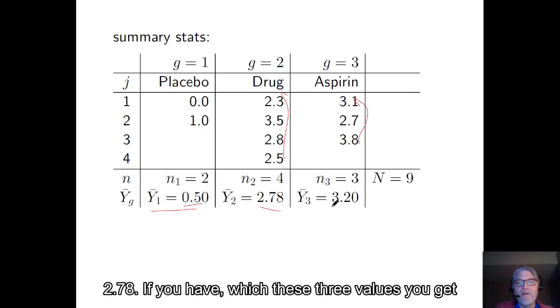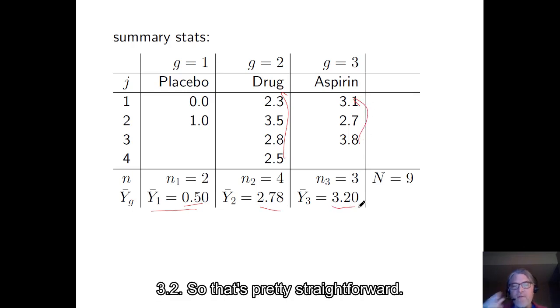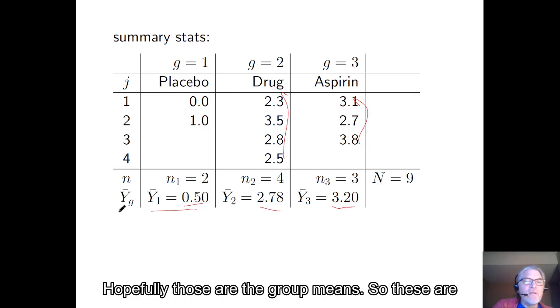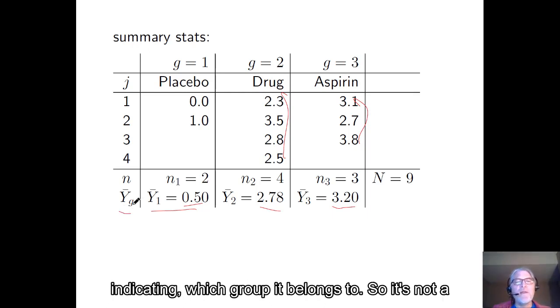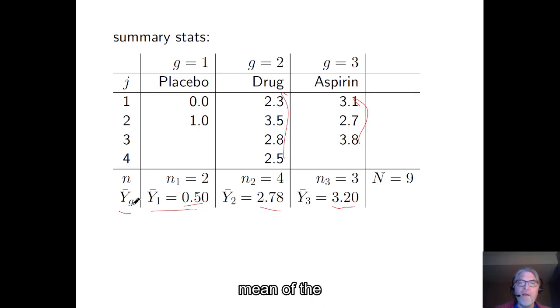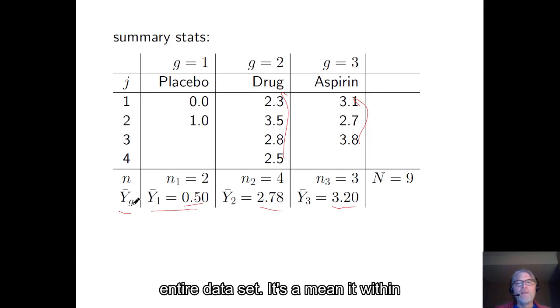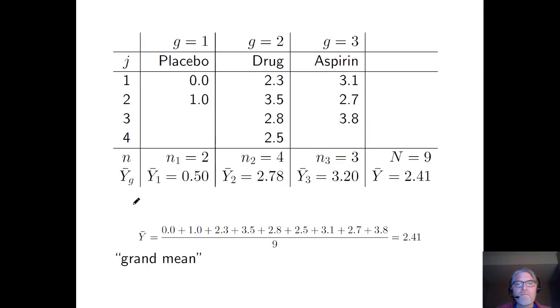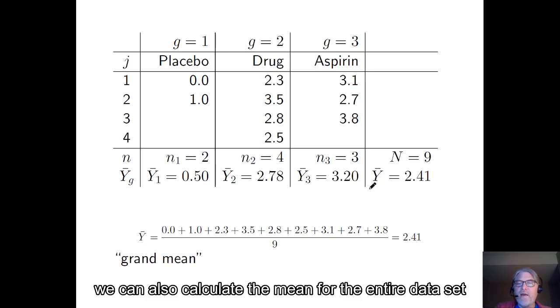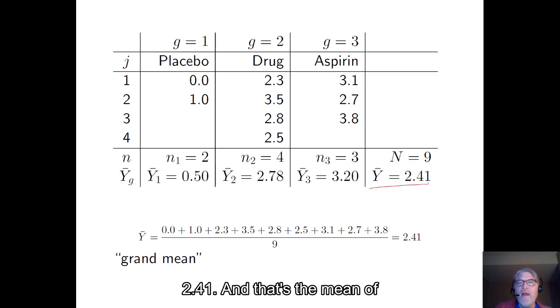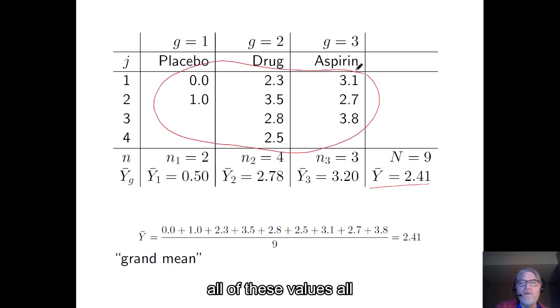If you average these 3 values, you get 3.2. That's pretty straightforward, hopefully. Those are the group means. These are a Y bar with a subscript indicating which group it belongs to. So it's not a mean of the entire data set, it's a mean within each group. We can also calculate the mean for the entire data set, 2.41, and that's the mean of all of these values, all 9 of the values.